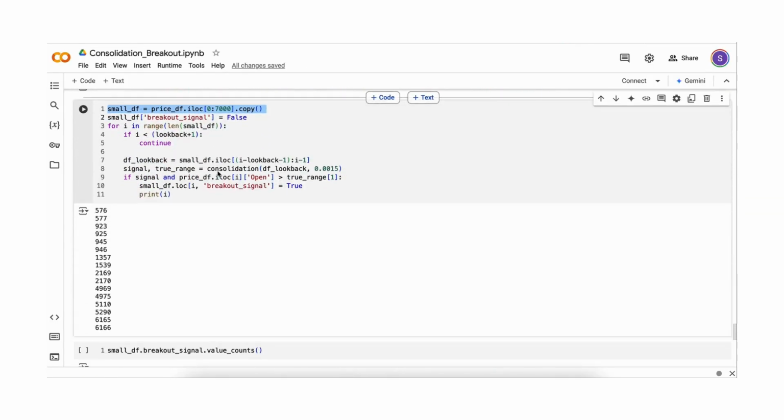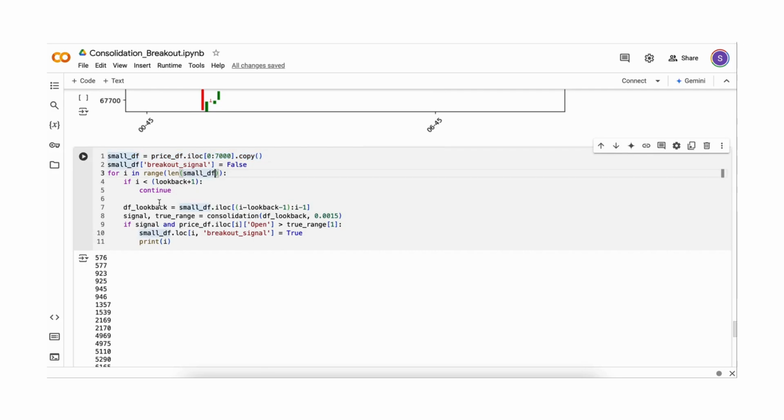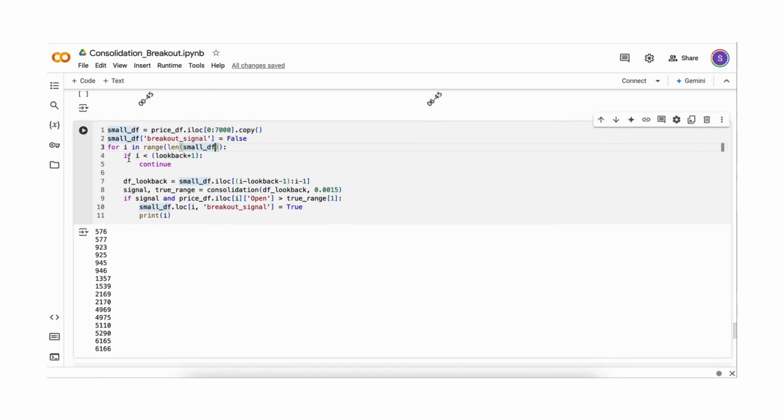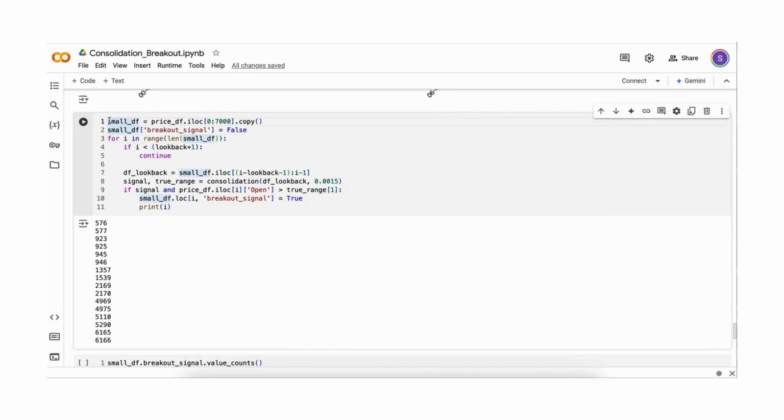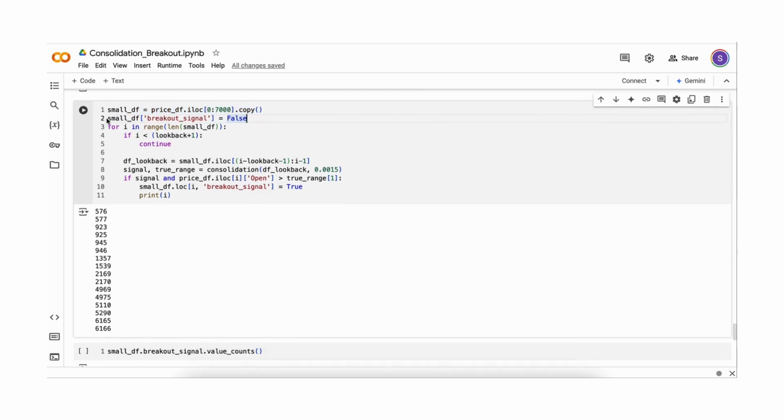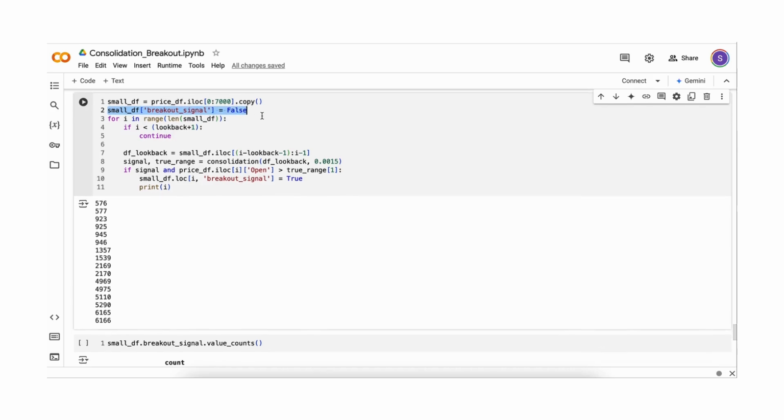To execute this strategy, we are going to add one more column to our data frame, which is the small df, where we have copied the first 7,000 data points. We're going to append this column, called breakout signal, which is by default going to be false.